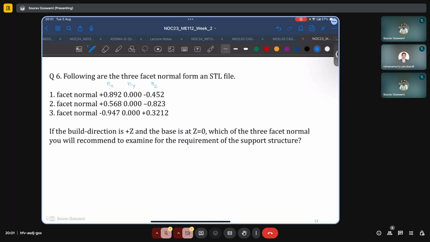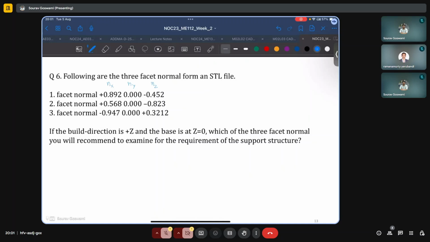For the second, it is 0.568, 0 and minus 0.823. And for the third, minus 0.947, 0 and 0.3212. Now, given that the build direction is along positive Z and the base is at Z equal to 0, which of the 3 facet normals will we recommend to examine for the requirement of support structures?